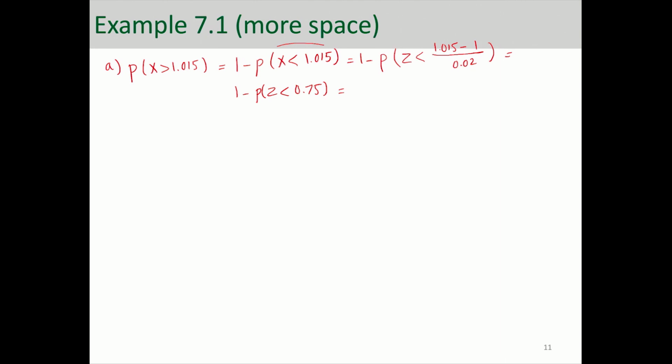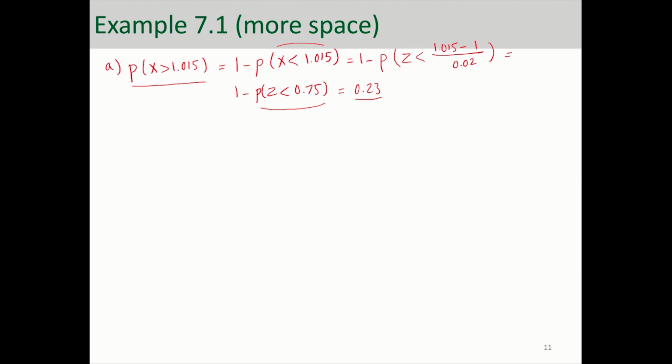You need to read this from the normal distribution table or calculate it in Excel, and you would get 0.23. So it looks like there is a 23% chance for the diameter to be more than 1.015.